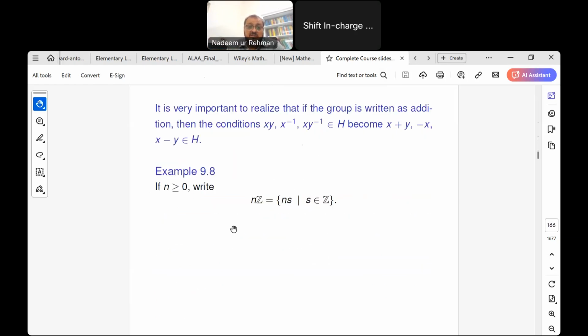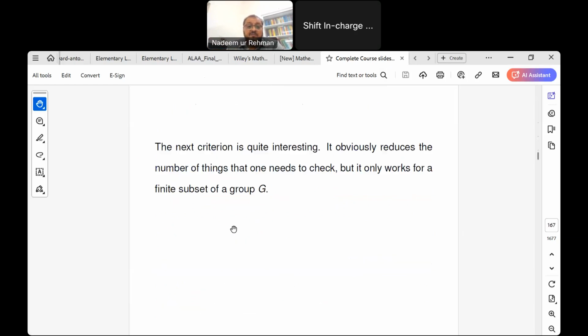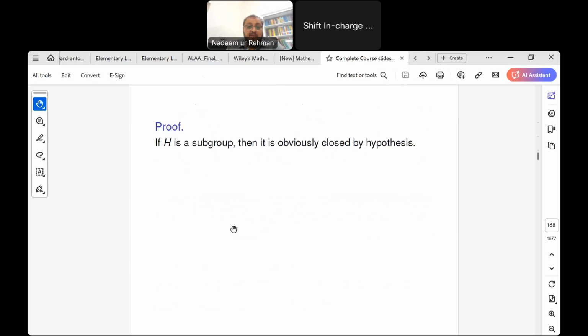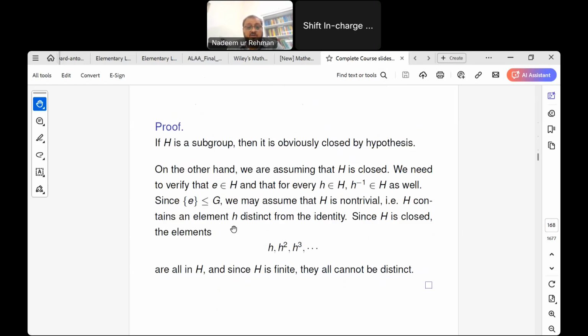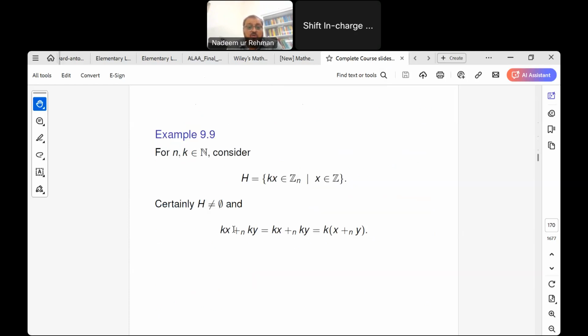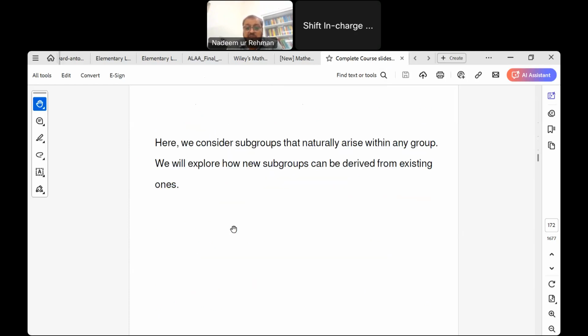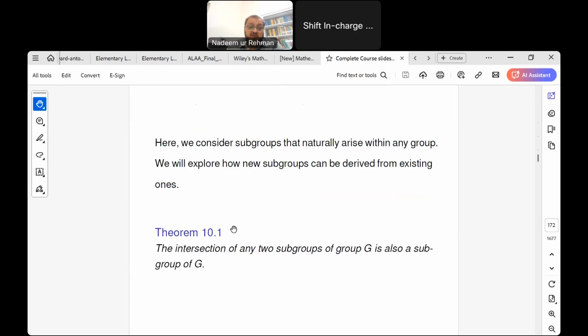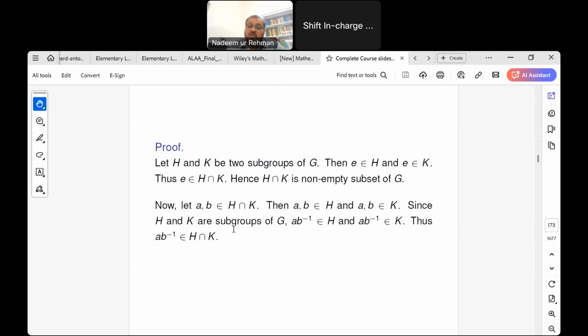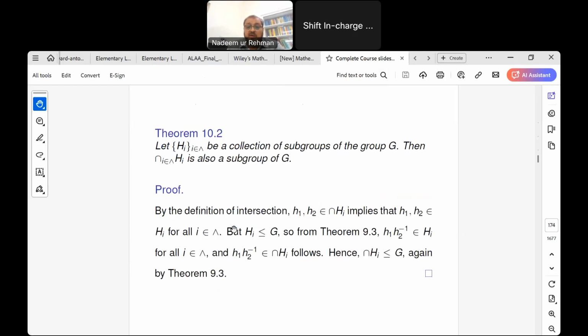So this is how we complete the criteria of a subgroup, and we prove various theorems in these lectures on subgroups, and provide some examples of special types of subgroups. The intersection of any two subgroups is also a subgroup, but the union of two subgroups need not be a subgroup.